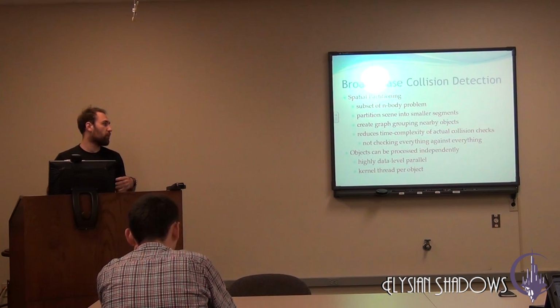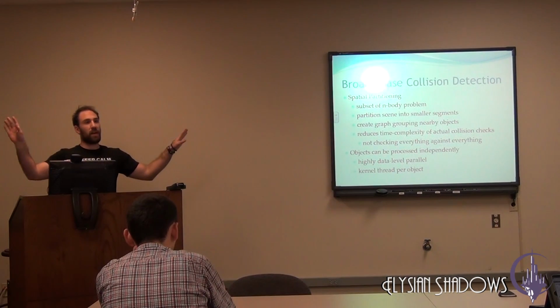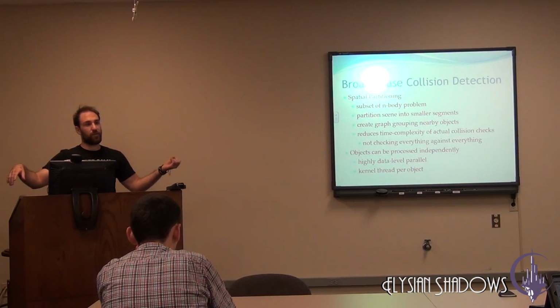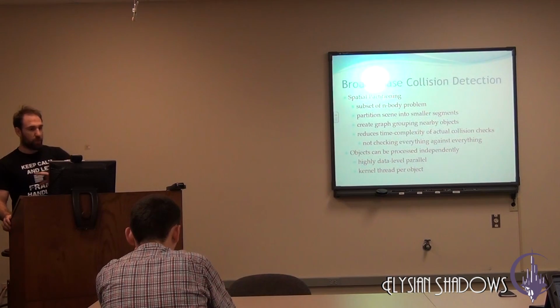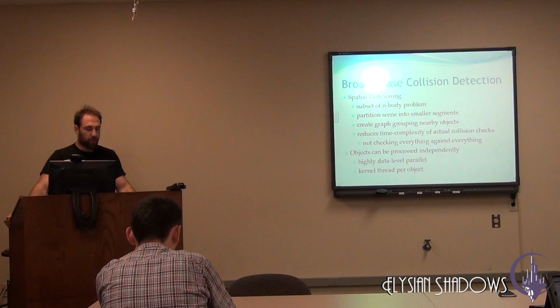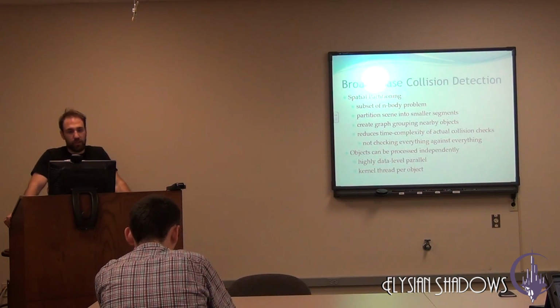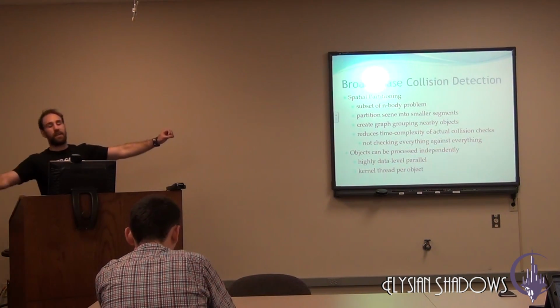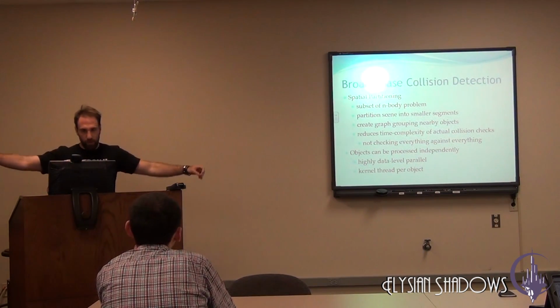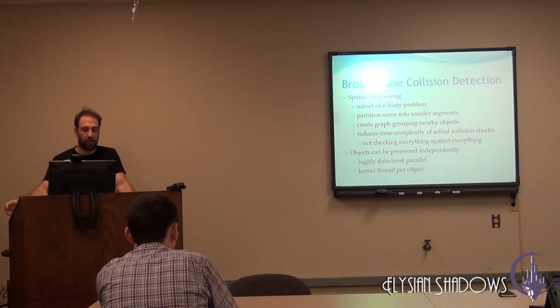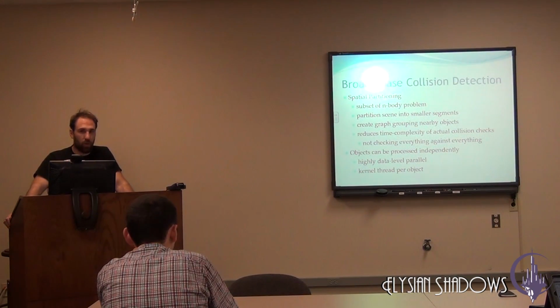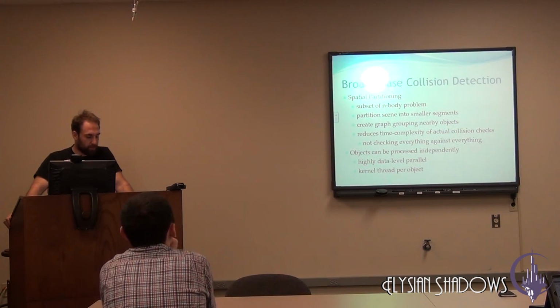I don't know if you guys remember that problem, but in all of space, every body's gravity is affected by every other star in the universe, and you have to be able to figure out which stars are basically irrelevant when you're calculating all the gravitational forces on one body. Well, it's the same basic thing when you're doing collision detection. You don't want to check object A against object B when they're on two different sides of the level. So it's a way to partition the problem and create some kind of data structure that basically only holds nearby bodies adjacent.